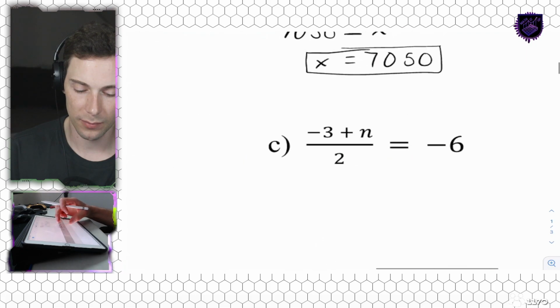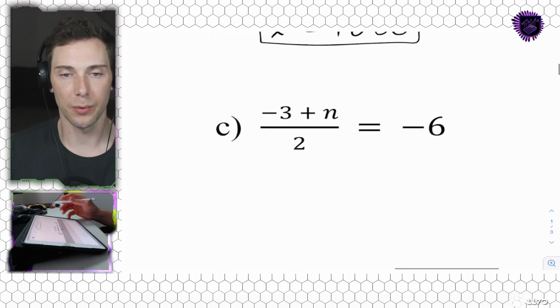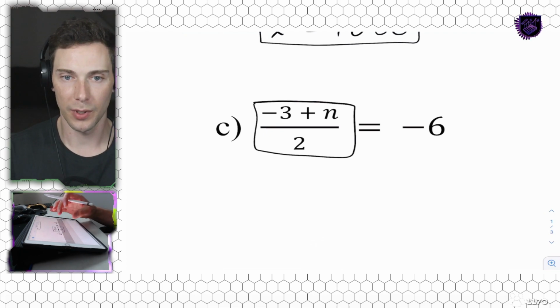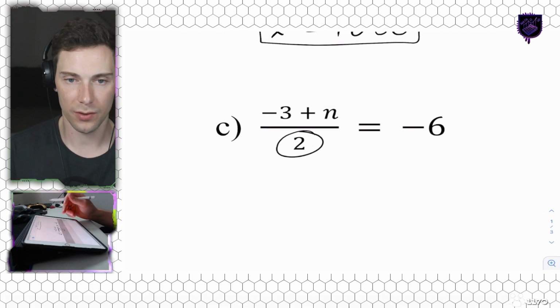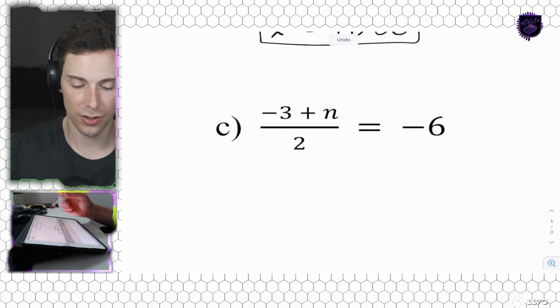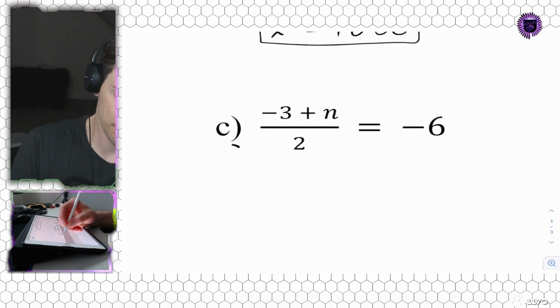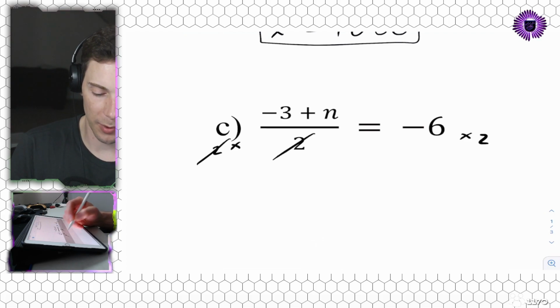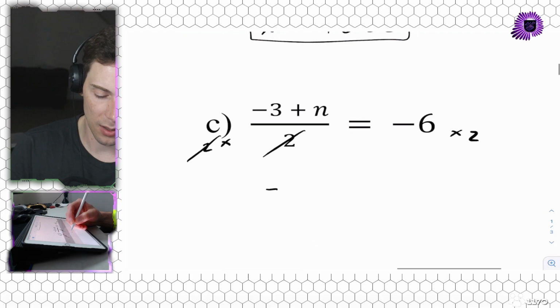3c. This one's a little weird. This whole thing is a term. We've talked about this before. We've got to get rid of this first. That's always my suggestion. So you want to multiply by 2 on both sides, and to multiply by 2 here is just going to leave us with 3.